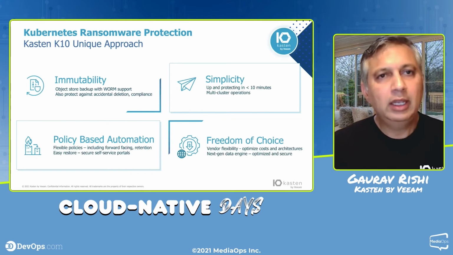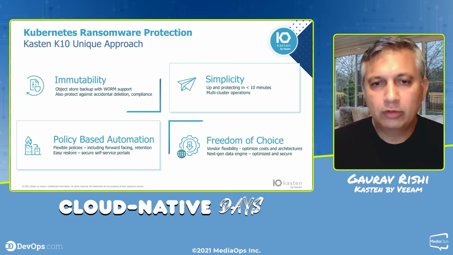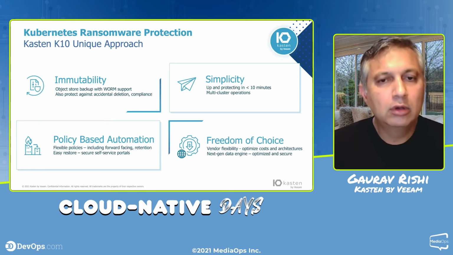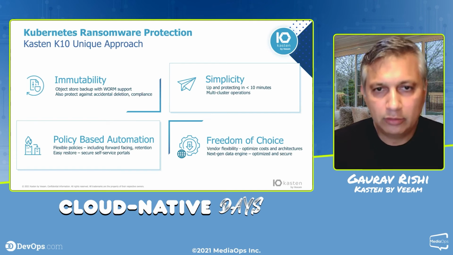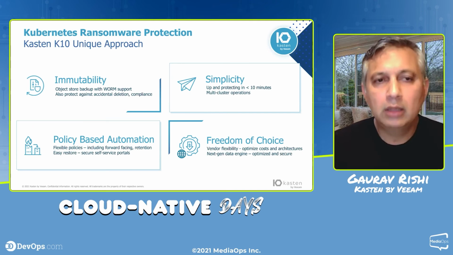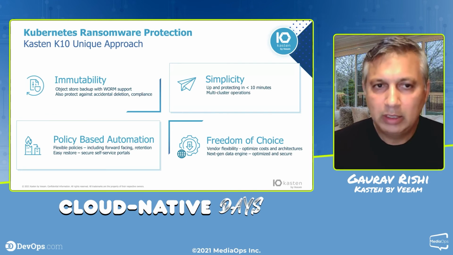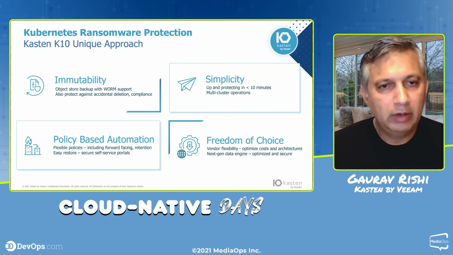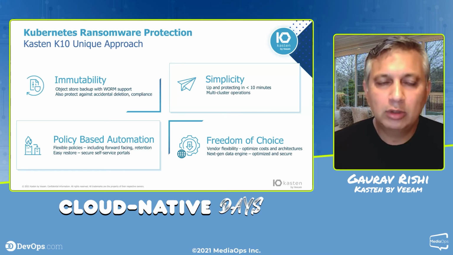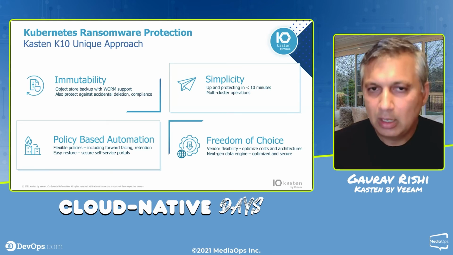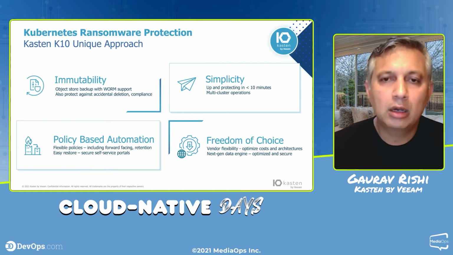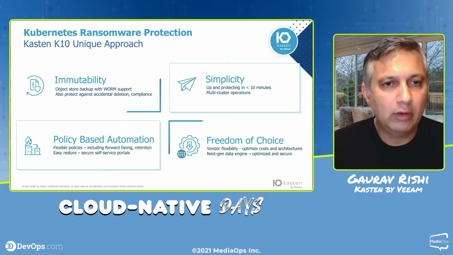So Kasten K10 takes a unique approach and is the industry's first Kubernetes ransomware protection solution, where we work together with Amazon to support immutability by using S3's immutability capabilities, where you can write once but read many times, and make sure that your data backups are resilient and are not able to be changed or held ransom.